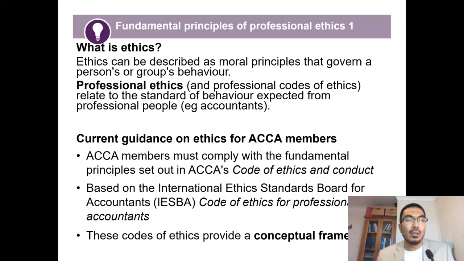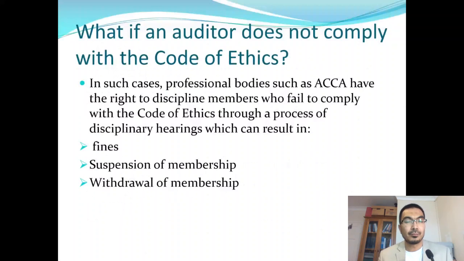What happens if an auditor does not comply with the code of ethics? I mean, this code of ethics is for professional accountants and the members of the professional accounting body. And what if you don't follow those rules and principles?